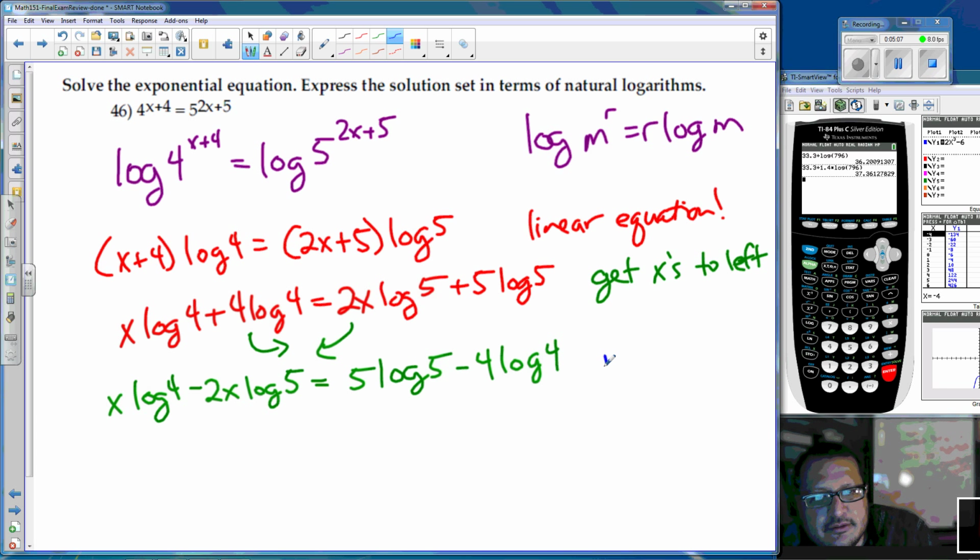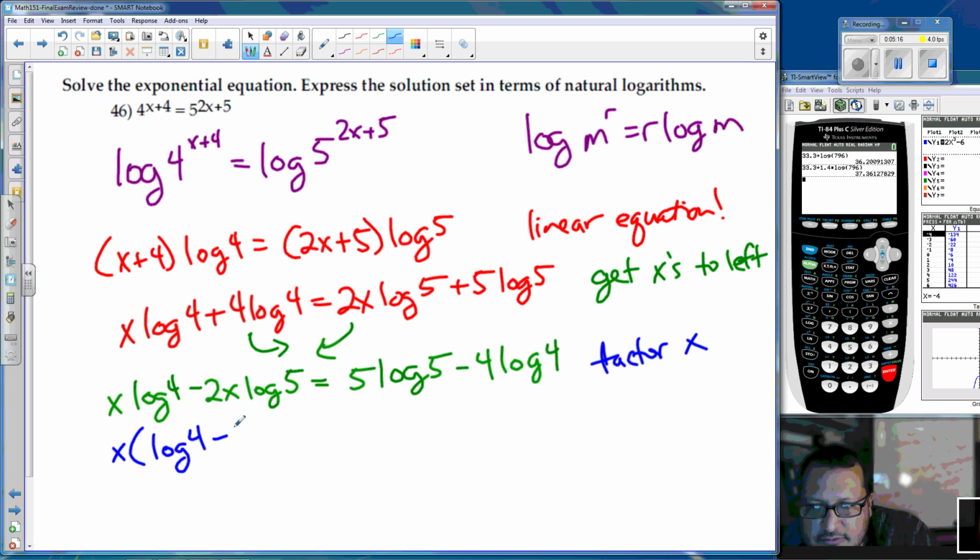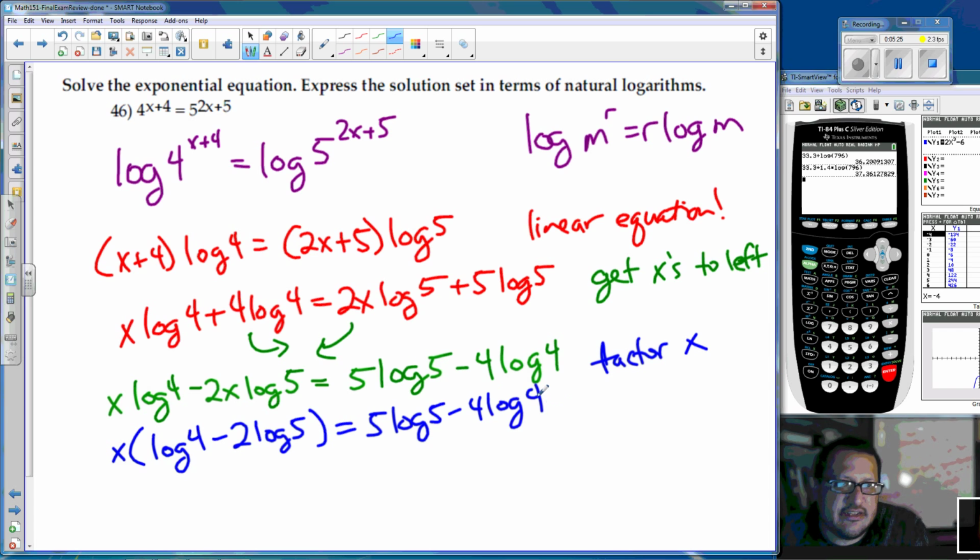Factor the x. So x factors out, and we're left with log 4 minus 2 log 5 equals 5 log 5 minus 4 log 4. Now remember, this is just a number on this side. We could put this in our calculator at some point, but we're going to get round off error.